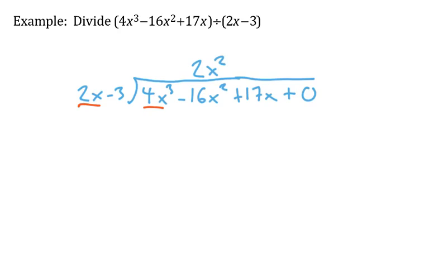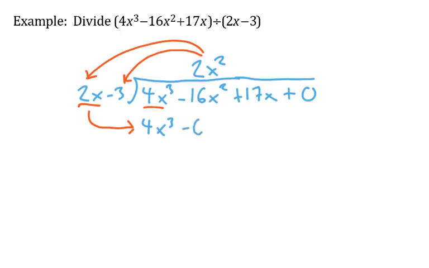You take the term you just got in the quotient, you multiply it by the divisor, and then you write the result underneath the dividend to see how close you are. So 2x squared times 2x is indeed 4x cubed, which is what we wanted. We also want to make sure that the 2x squared gets multiplied by the minus 3, and that would give me minus 6x squared.